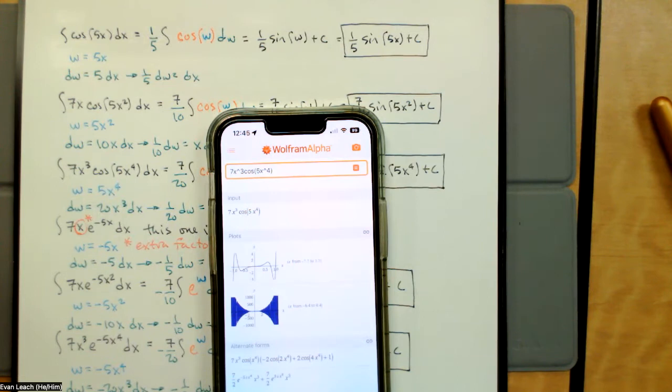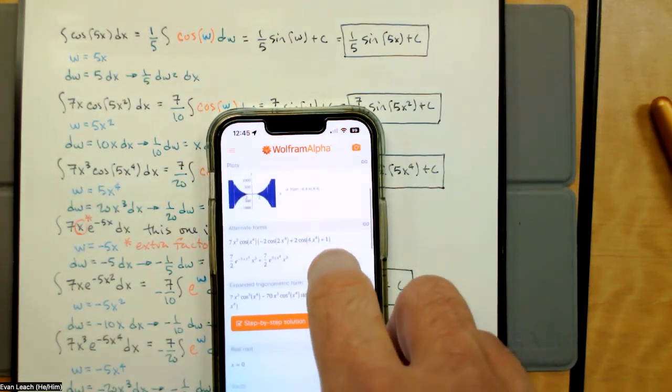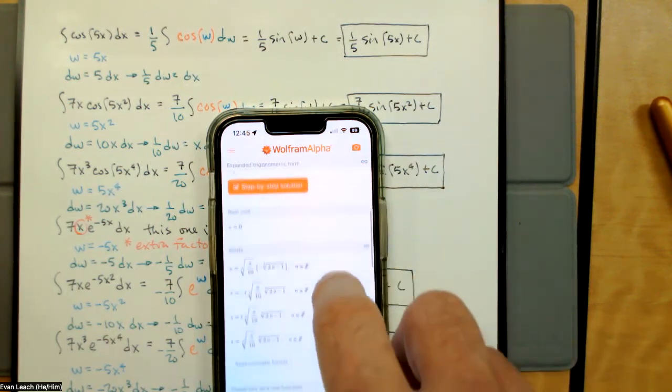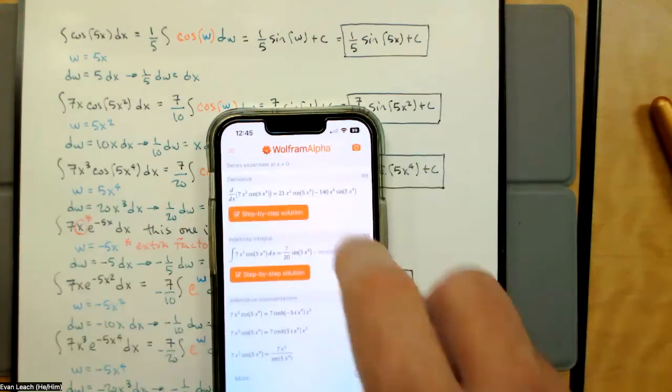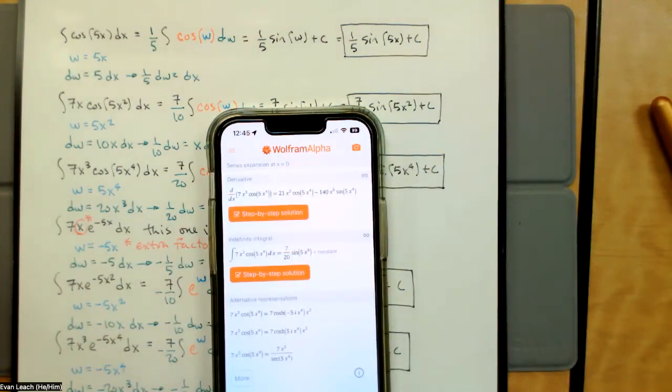This will give you all kinds of stuff, but one of the things that will show up is the indefinite integral. Any questions?